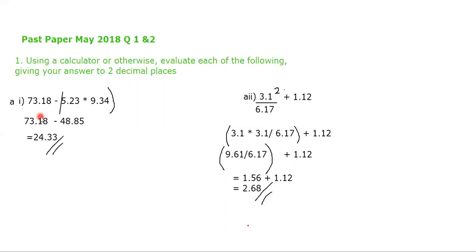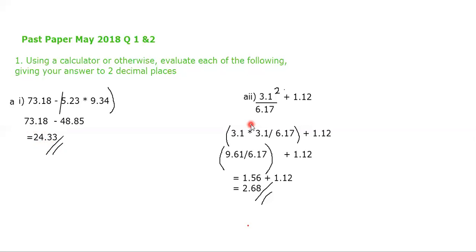So oftentimes what I love to do, as I've shown you guys before, I love to add my parentheses or brackets, as you want to call it, to kind of separate the question, the equation, right? So see, I've added the brackets. When I multiply the 5.23 by the 9.34, I got 48.85. And that is what I subtracted from the 73.18 to get this answer right here, which is 24.33. And that is the answer to 2 decimal places.